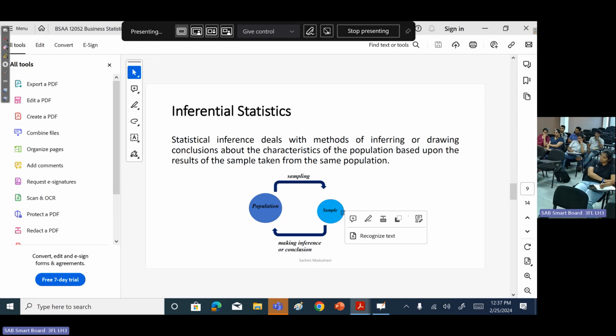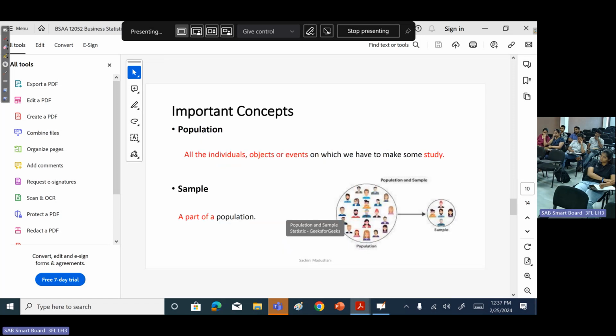Understood? Then we move into the important concepts in statistics. Important concepts means these are statistics-related words. In the remaining session we study statistics-related words. This is helpful.